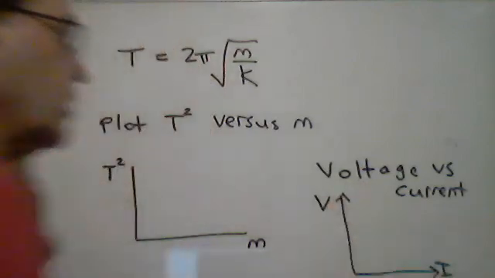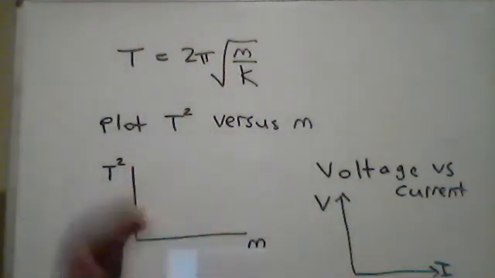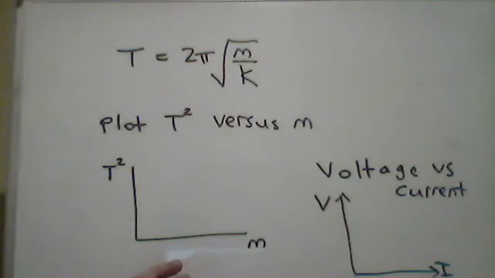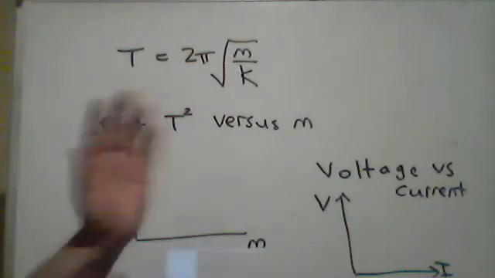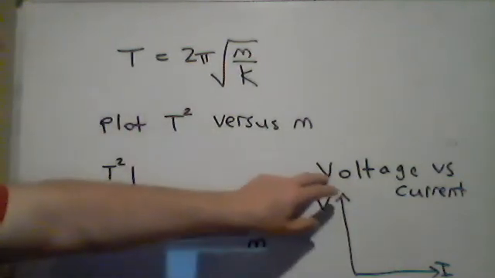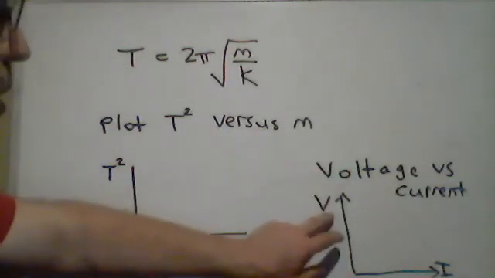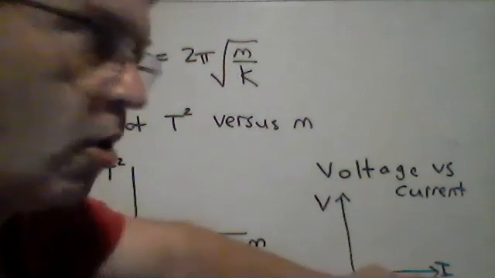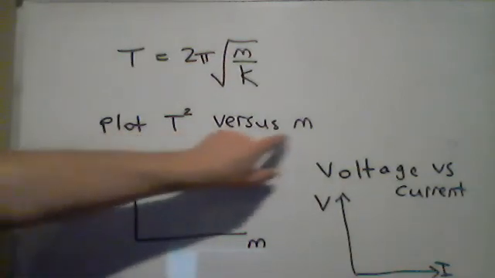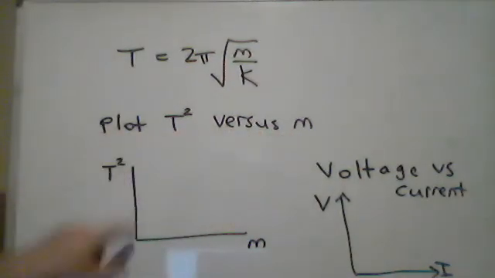This is the lingo. Make sure you get this right, because otherwise your plots are going to be inverted. So voltage versus current means the vertical axis is voltage, the horizontal axis is current. T squared versus m: the first thing is vertical, the second thing is horizontal.